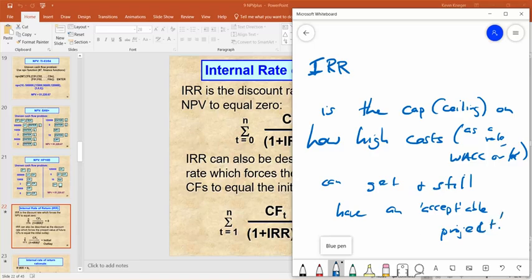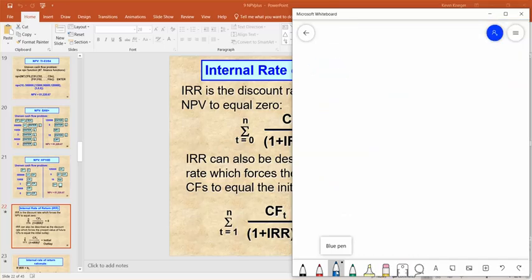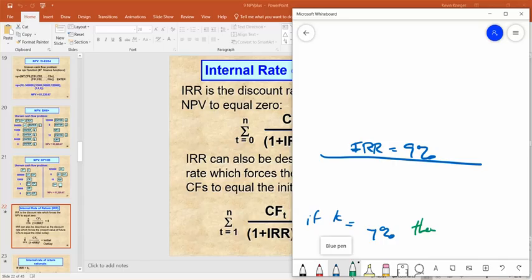Right? So what do I mean? Well, what if you had an example, something like, if the costs are 7%, right? And let's do an IRR of 11. Nah, we'll do 10. IRR, heck, we'll do 9. IRR equals 9%. So if your costs are 7%, if your K equals 7%, then, right, your NPV is going to be positive and you're going to accept.